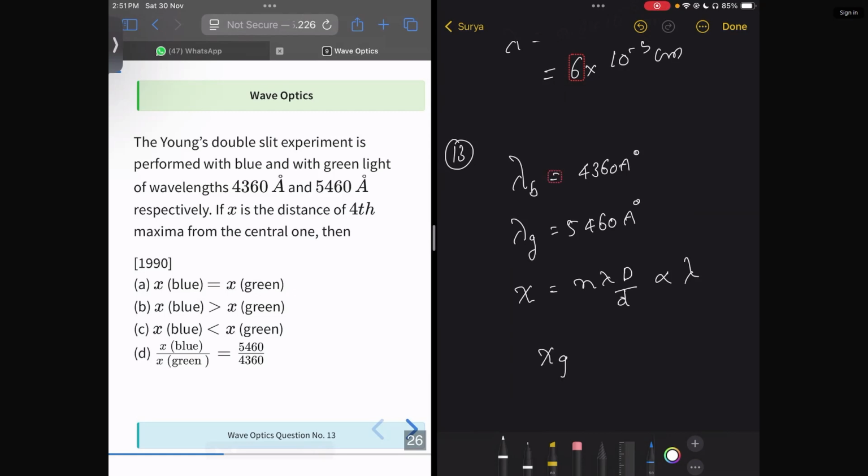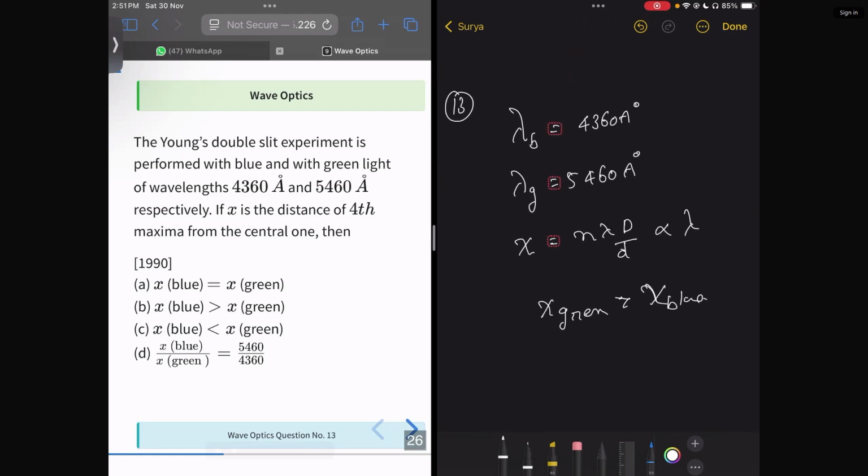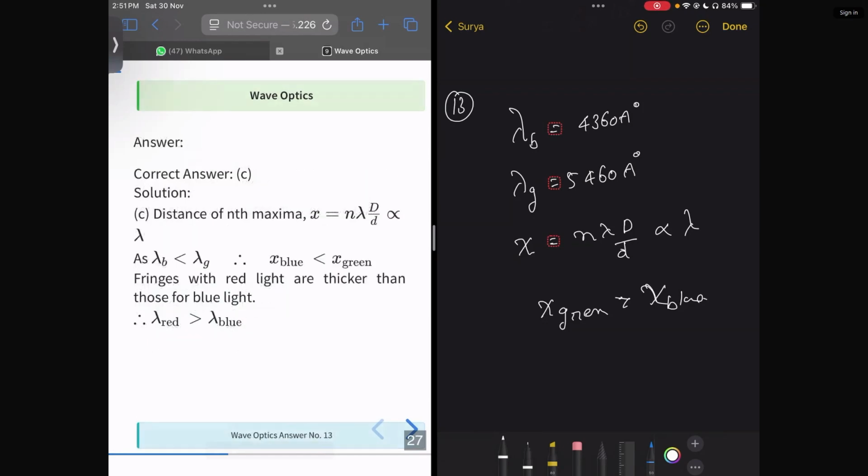So x green should be greater than x blue. Fringes with green light are thicker than with blue light. So which one is the right answer? Option C. x blue should be less than x green. So option C is the right answer.